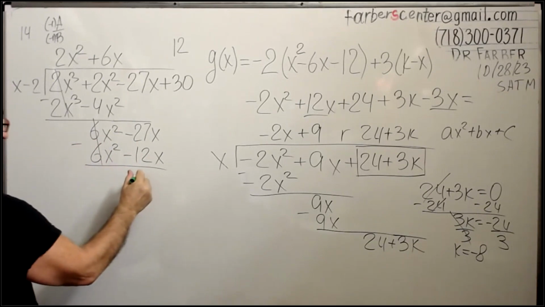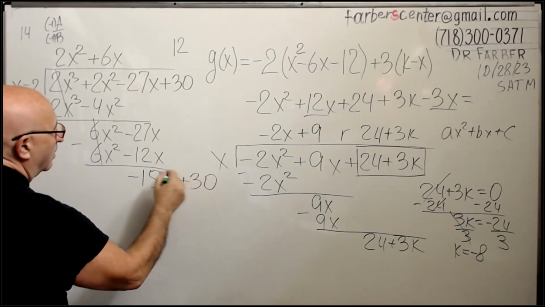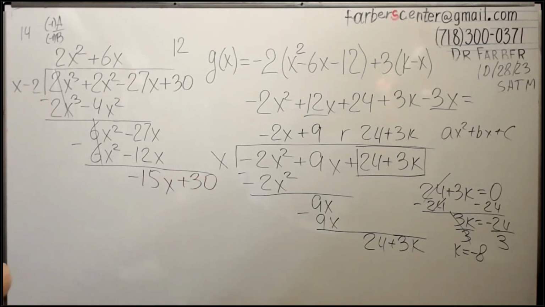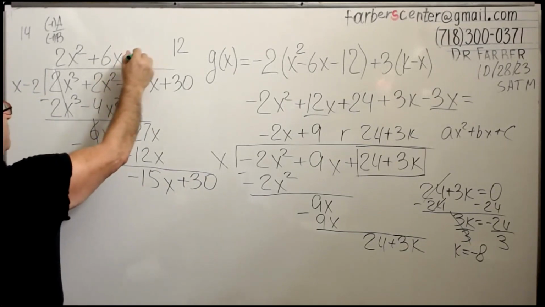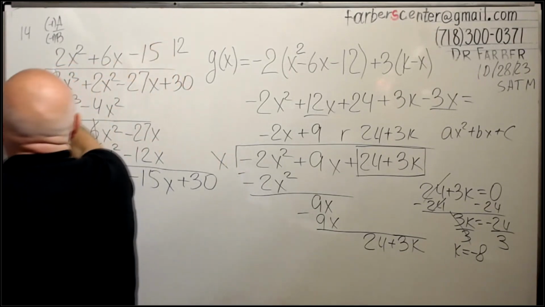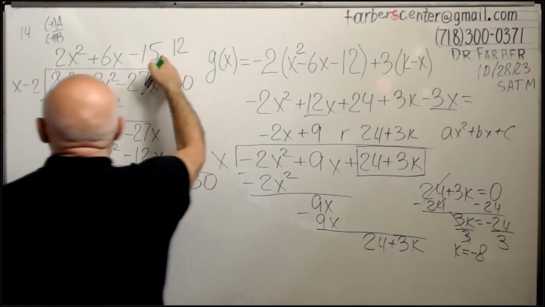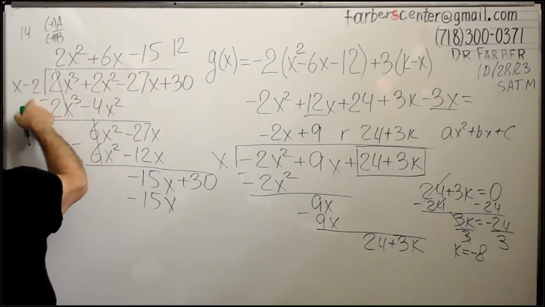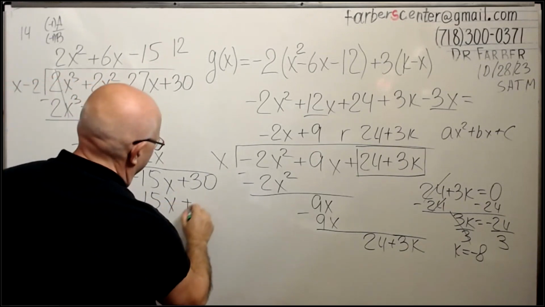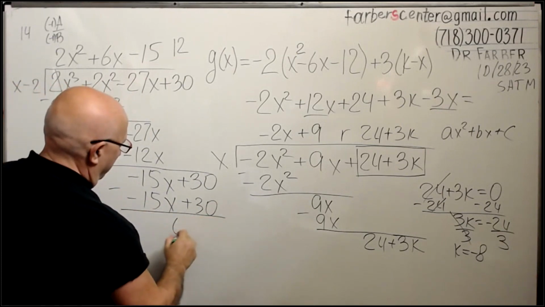It will be -15x. Bring down 30. I multiply the divisor by -15. -15 times x is -15x. -15 times -2 is plus 30. The same minus the same is 0.